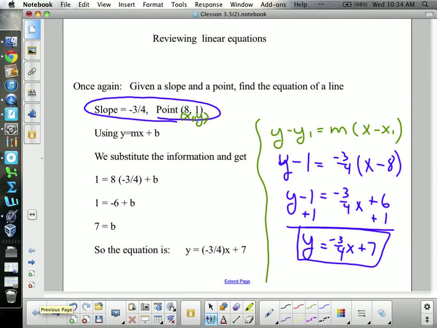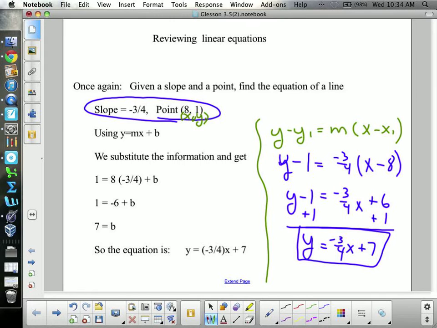One step, distribute, add or subtract to both sides, done. No resubstitution, no anything. Unlike here: substitute, multiply, add to both sides, find b, resubstitute, extra steps. y equals mx plus b takes extra steps. It's not wrong, it just is longer.